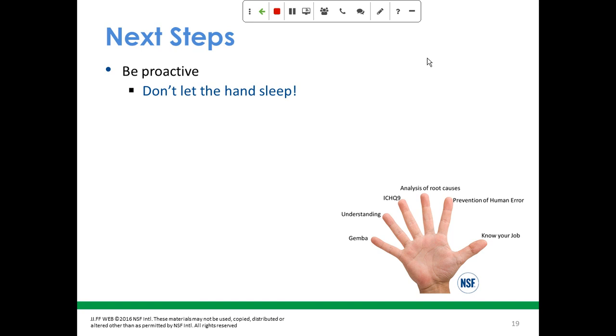Let's not let the hand sleep. Let's get to work and start proactively identifying risks and doing the right thing for the long-term future. We also think, of course, a key next step is for you to get your comments in on Annex 1 to the agency by the 20th of March deadline. That's always going to be helpful. They ask for feedback and we should obviously provide it.